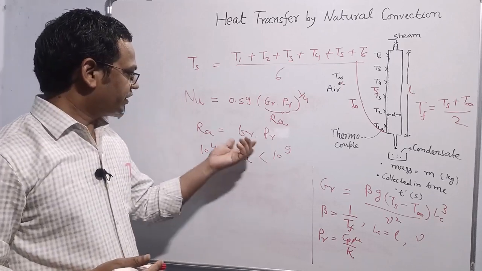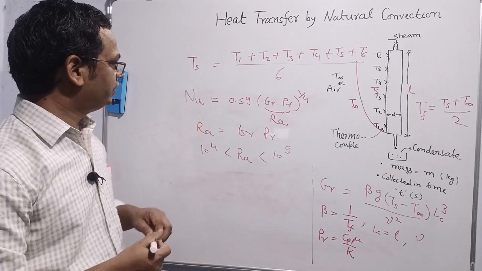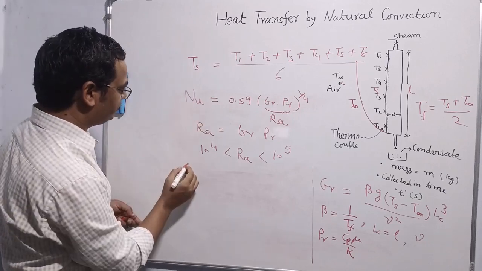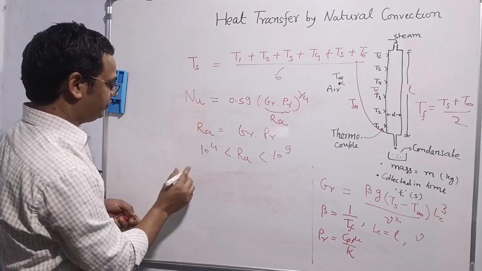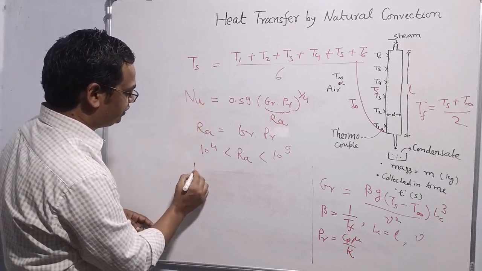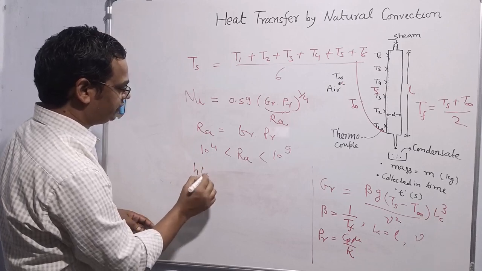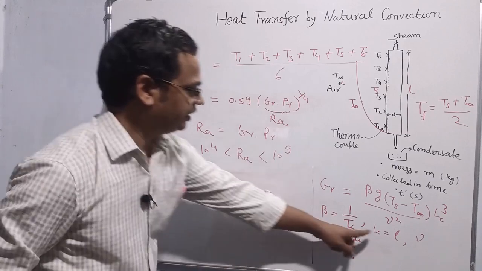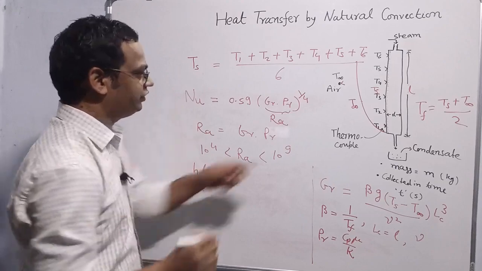Assume that our Rayleigh number lies in this range. So we can use this expression and we can find the heat transfer coefficient, because Nusselt number is nothing but the ratio of convective heat transfer to conductive heat transfer of the fluid. This is h Lc by k, not h D. And Lc is l, the length of the pipe, because this is vertical.